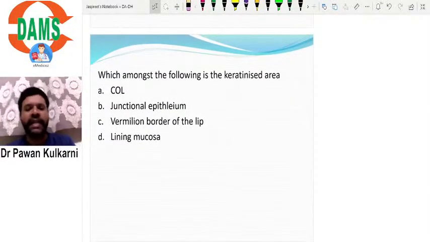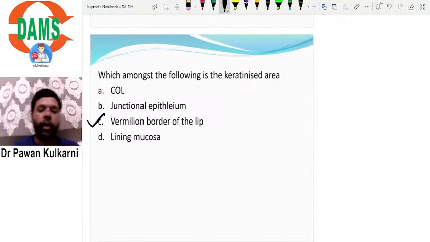Which among the following is a keratinized area? If we see, gingival sulcus is non-keratinized area, junctional epithelium is non-keratinized area, lining mucosa is non-keratinized. So vermilion border of the lip is the one which is keratinized. Okay, we should remember vermilion border, also called as a red zone.